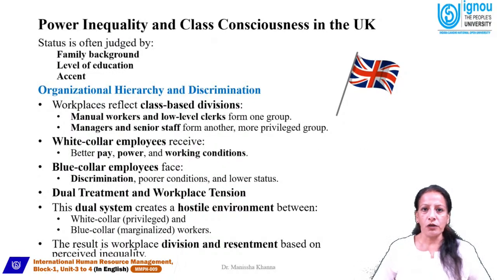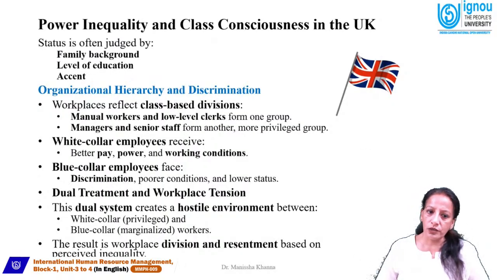So it is all about the grouping of white collar employees and blue collar employees. It is also seen that the white collar employees have better pay, higher power and better working conditions, whereas the blue collar employees face discrimination. They have a lower status and poor conditions.